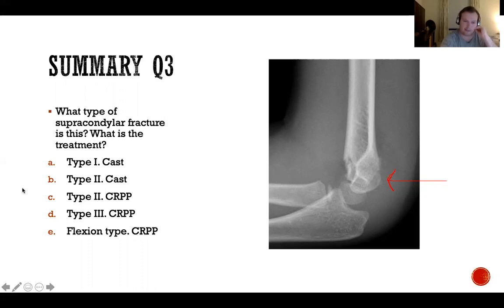Again, this is a controversial area where you could cast it, you could pin it. I probably would try putting a cast on, putting a bit of a mold on it. It's not a true reduction. You don't need conscious sedation for the patient. But again, know your attendings. Some of them want to pin these from the get-go.